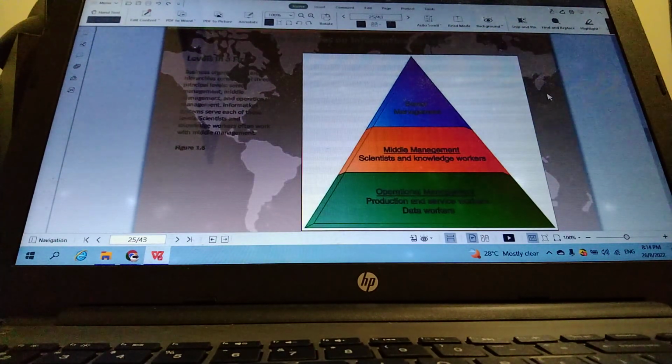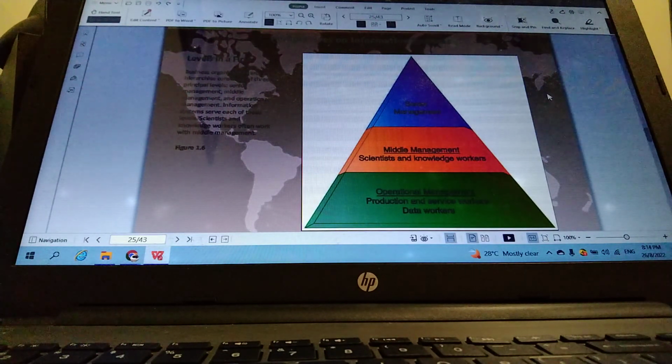So this is a very common chart that we have seen, showing the business organization and its hierarchy. Of course, at the top is the senior management, a smaller group, then we have middle management, which consists of the engineers, scientists and knowledge workers, technical workers, the specialists or the subject matter experts.